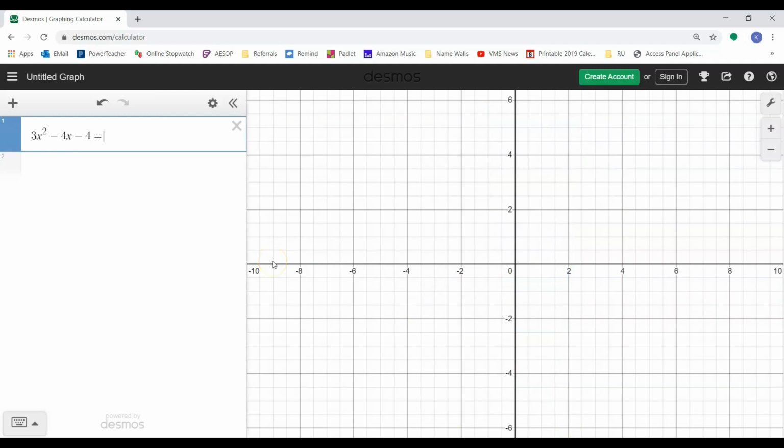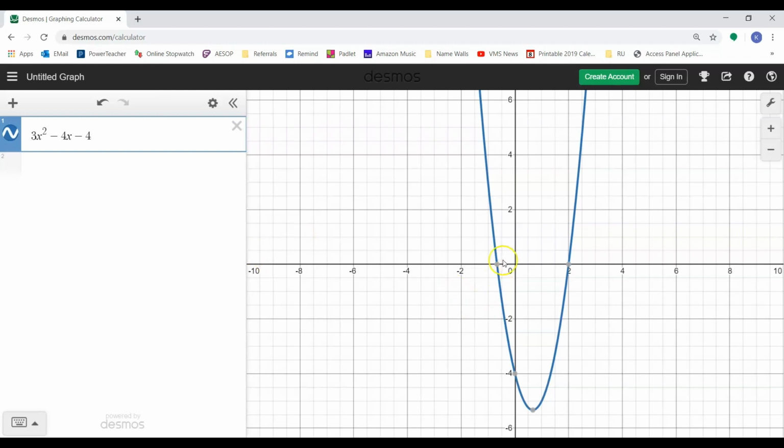Notice you don't even have to type in the equals 0 part. You can. You really don't even have to type in the equals y part. But notice that if you type in equal to 0, it gives you these straight up and down lines. If you don't type in equal to 0, or if you type in equal to y, it gives you this nice parabola. And so I'm going to go with the parabola. I'm just going to leave it where it's not even equal to 0.